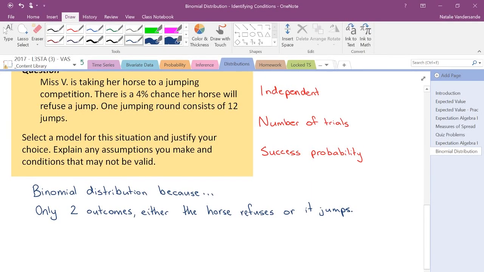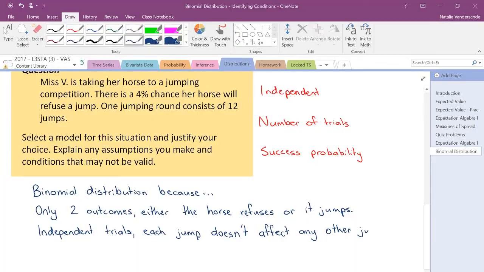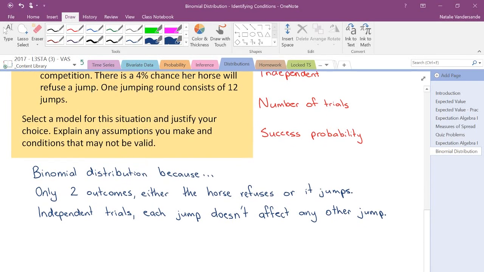Either the horse refuses or it jumps. Independent trials. Each jump doesn't affect any other jump.